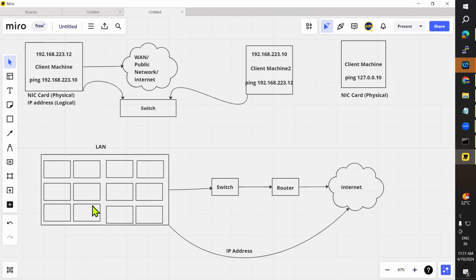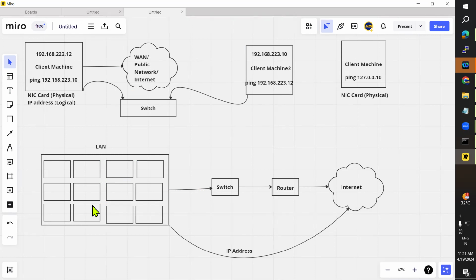They have 1 lakh, 1,50,000, and IBM has more than 2 lakhs. So lakhs of people are working in these companies. Each laptop or desktop should have an IP address to get the internet, right? So if everyone uses an IP address, what will happen? No IP addresses are available.